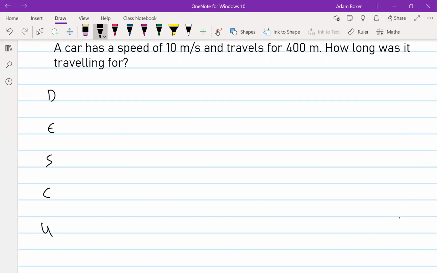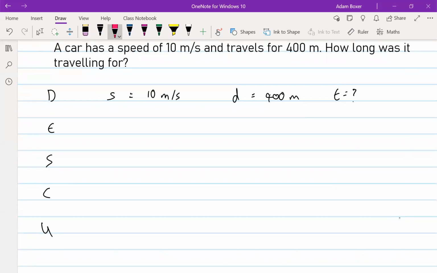Okay, so you should have written that my speed is 10 meters per second. My distance is 400 meters and my time is currently unknown. I don't know that. Write down the equation, please.